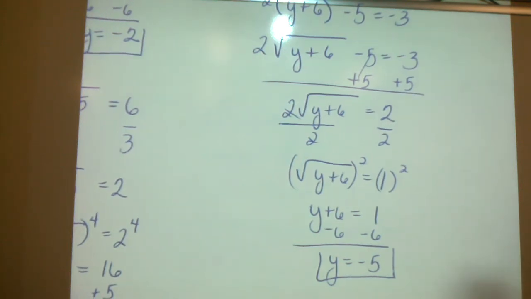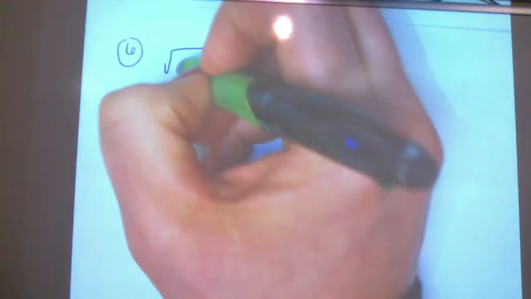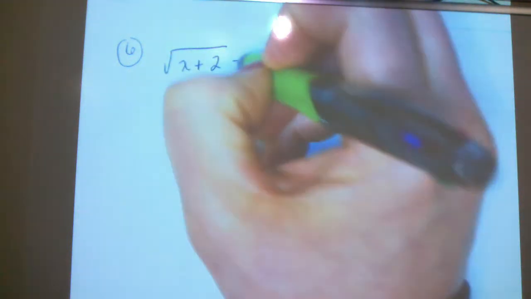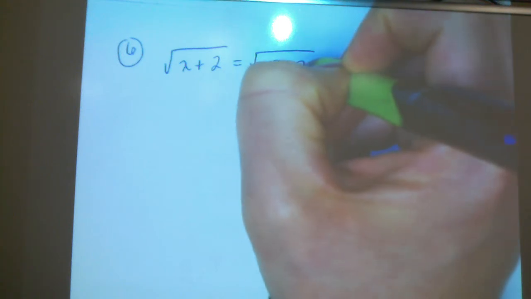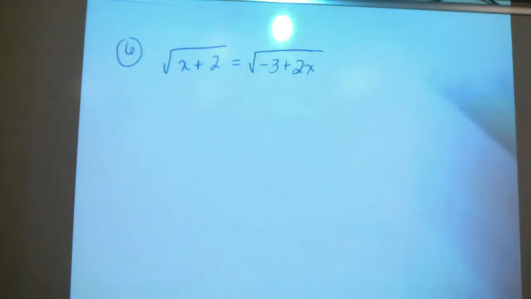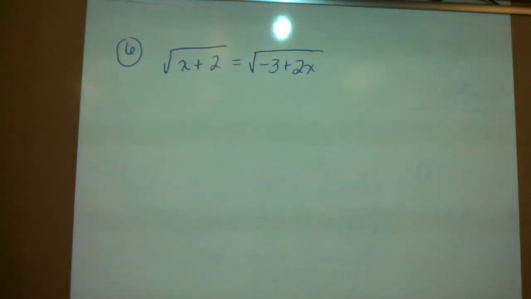Okay, let's do one final problem. Number 6, I believe we're on. Yep. All right. Now this one is going to have square roots on both sides. So I've got the square root of x plus 2 is equal to the square root of negative 3 plus 2x.